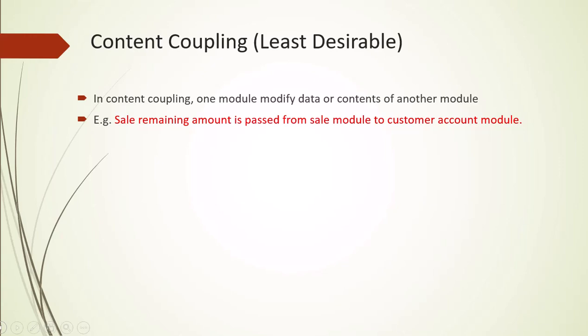The customer account module is responsible for saving the debit and credit information of the customer. So when the customer puts in some order and there remains some balance, the sale balance goes to the customer debit account. So this means the customer account module is modified, the data is modified, by the sale module.